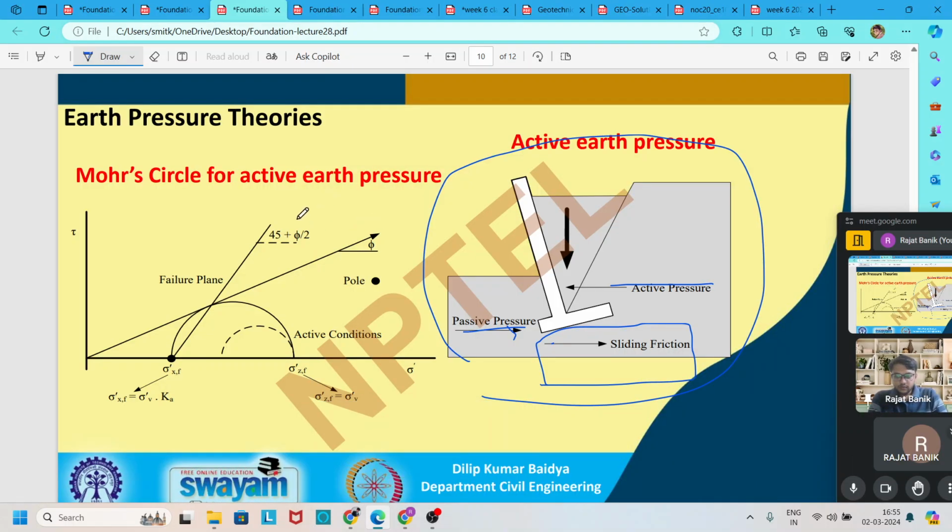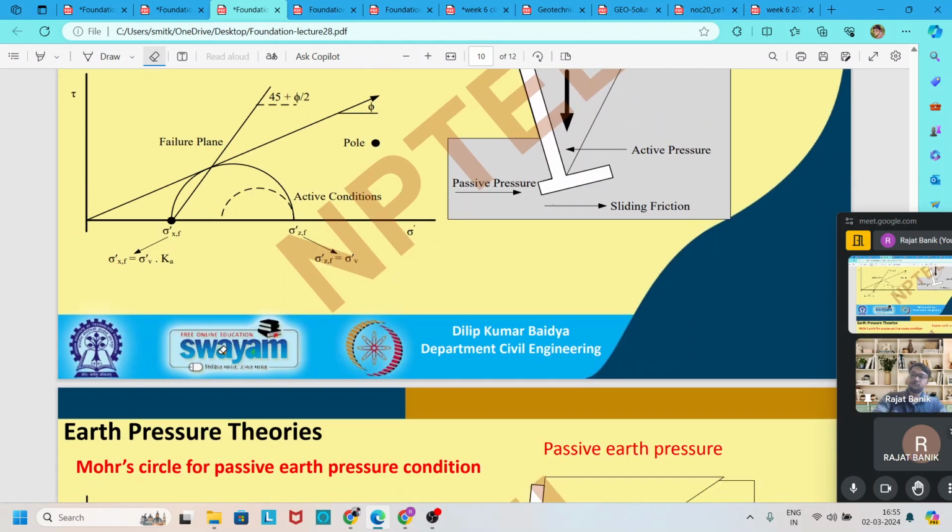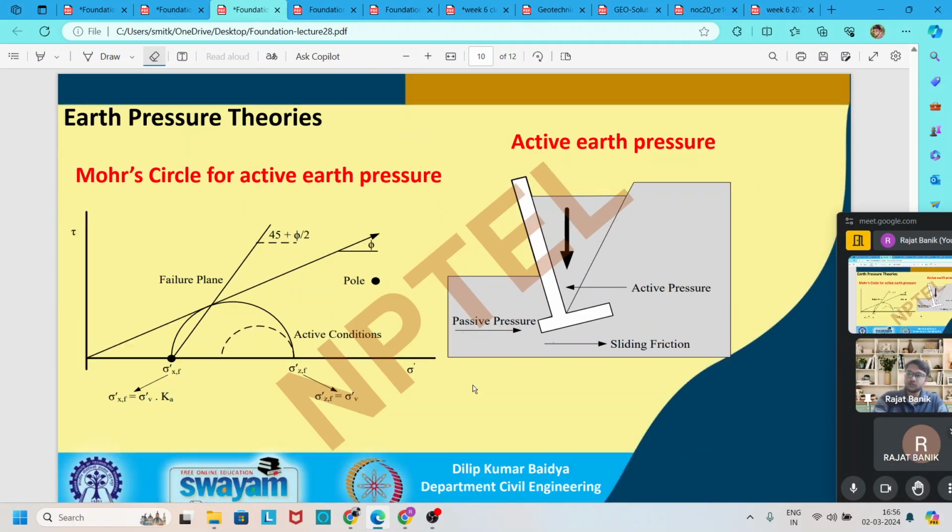In the active pressure case, the coefficient of active earth pressure is less than one.